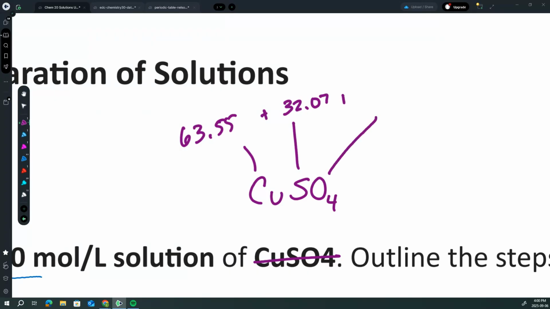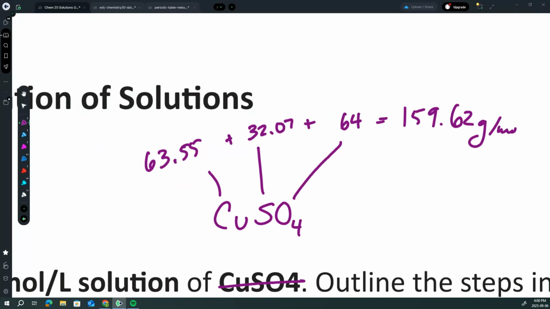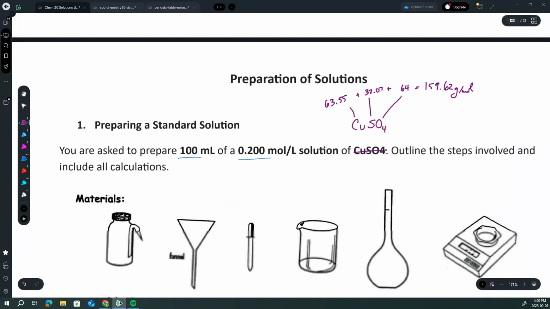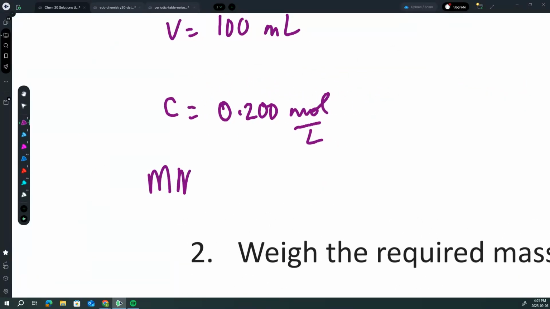And the molar mass of all four oxygens is going to be 64 grams per mole, because the molar mass of an oxygen atom is 16, and 16 times 4 is 64. If we add all of those together, we get 159.62 grams per mole. So that is our molar mass, which, just to save me from scrolling around, I'm going to write down here: 159.62 grams per mole.